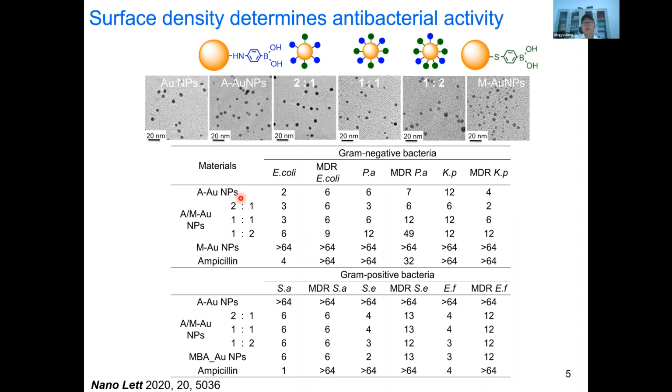So I already told you that the amine-terminated is very effective against the gram-negative, and then you can start by adding a little bit of the sulfur-terminated, and you can see that, so these numbers are the MIC value, I should mention, the minimum inhibitory concentration.